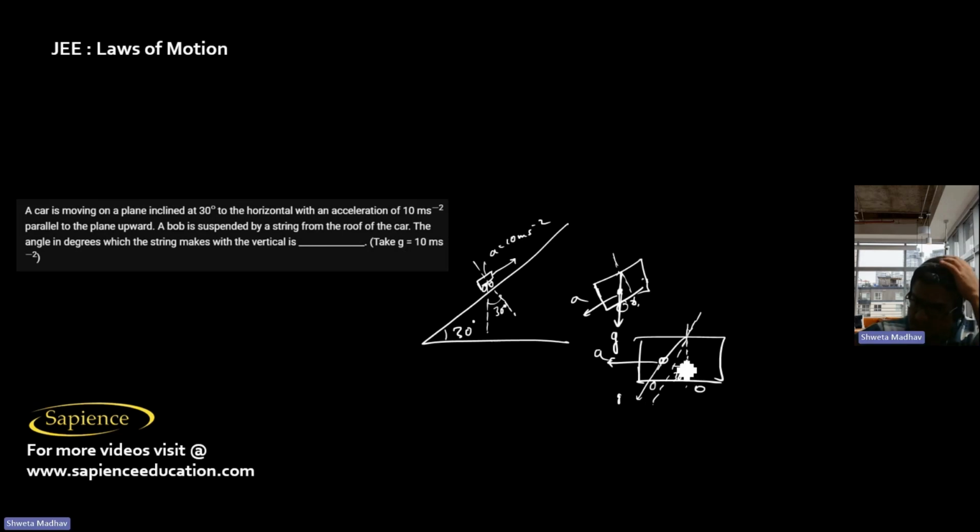Then we can take the components of g. This is the vertical line. This is 30 degrees, so this will be g cos 30. This is g sin 30.